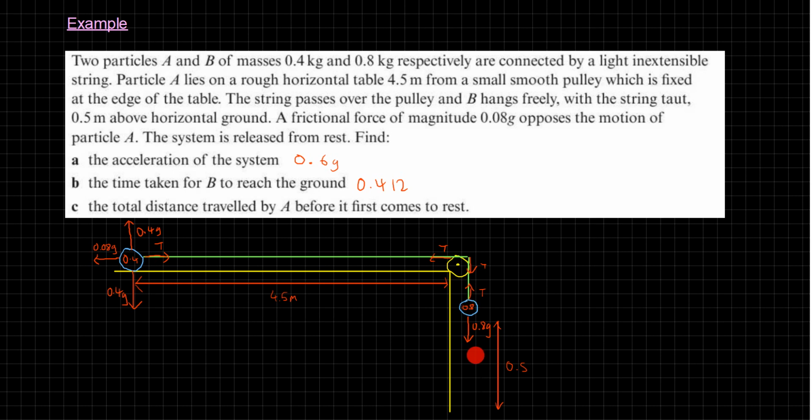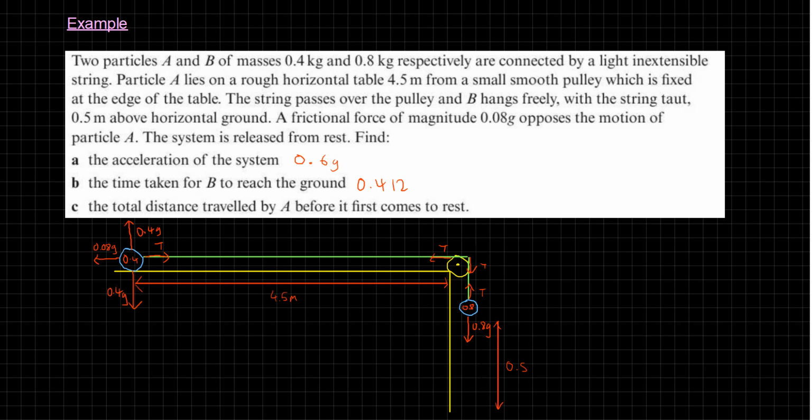So this particle's going down, this is being accelerated along, and then suddenly when B hits the ground, at that moment, A will no longer have a driving force, because the string will become slack, right?